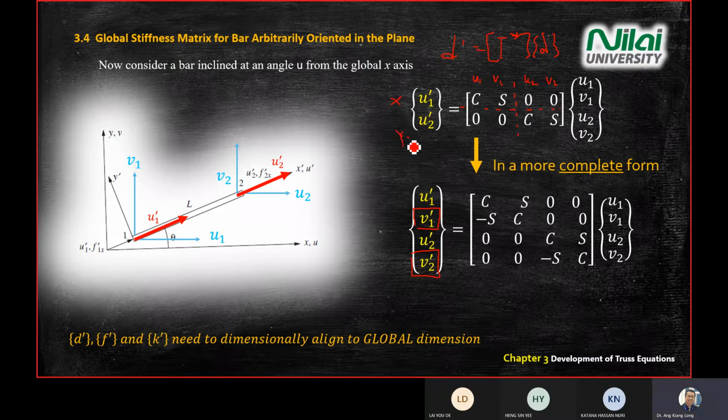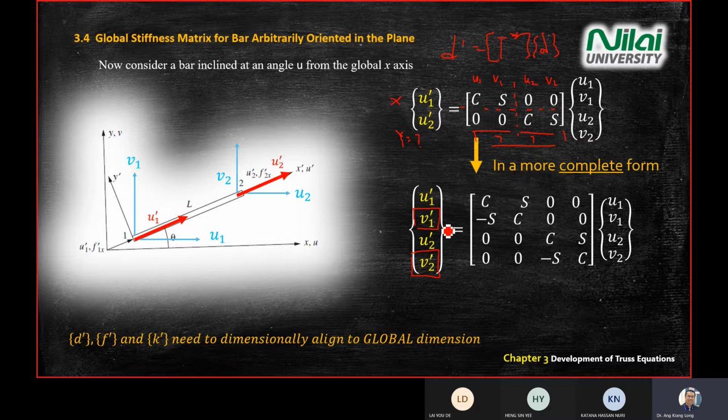Where's y? Y is missing on the left hand side of the equation. On the right hand side, the displacement is quite complete, but we are missing some component below here. So we need to convert the known equation that we saw just now into a more complete one with V1 prime and V2 prime.